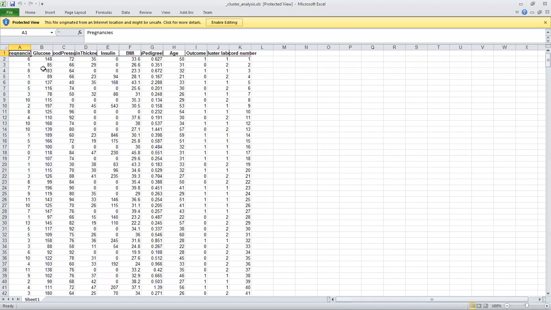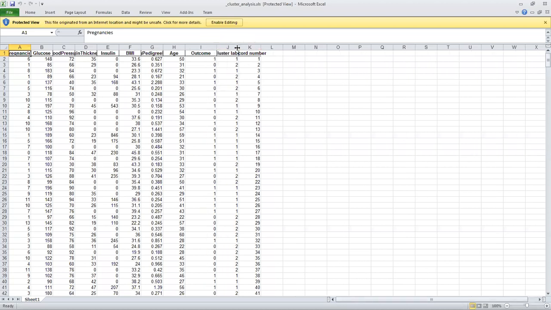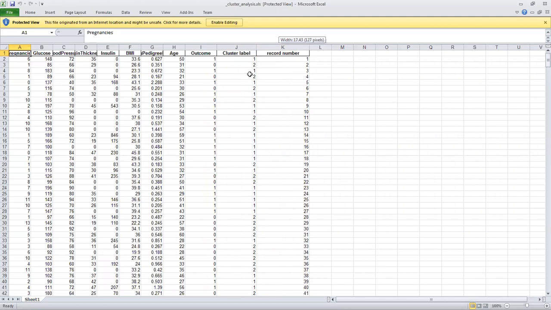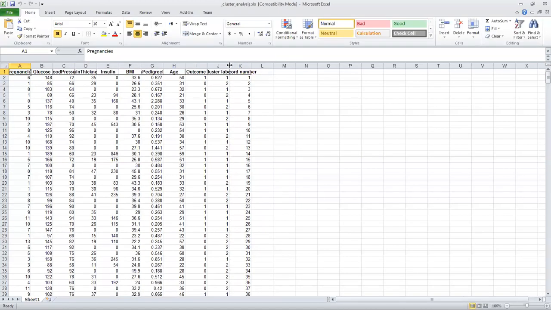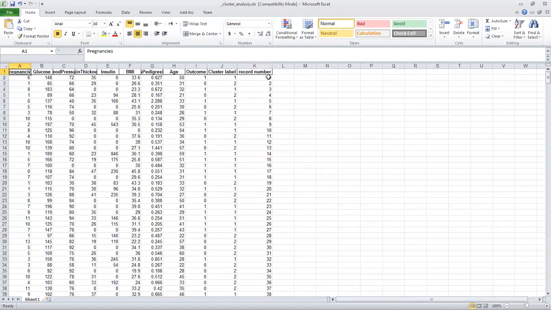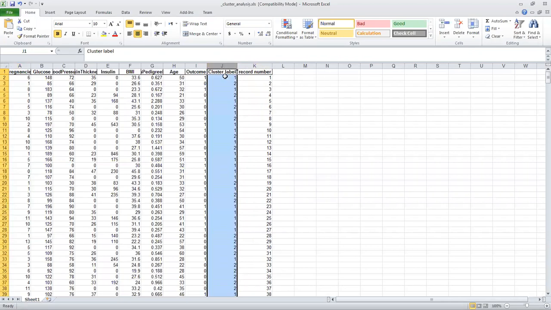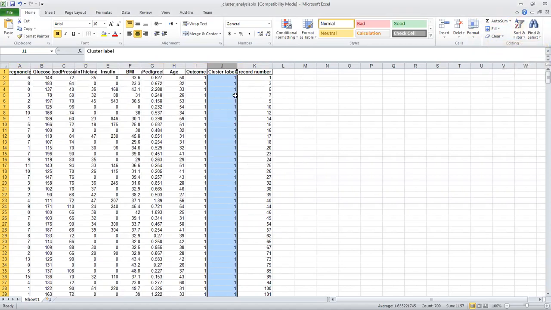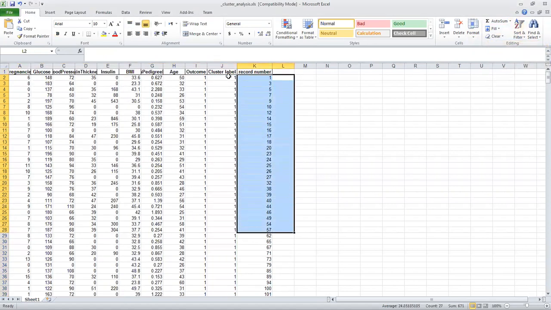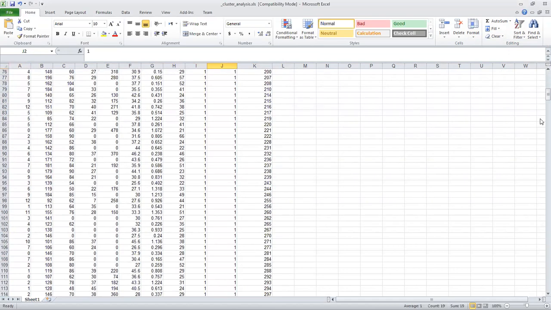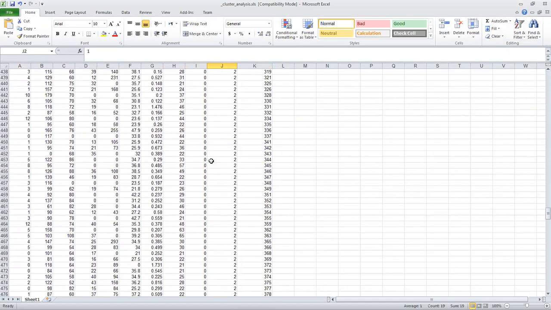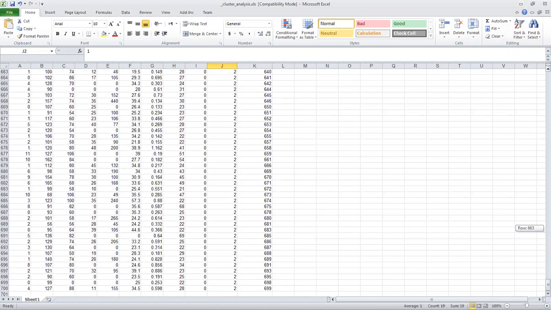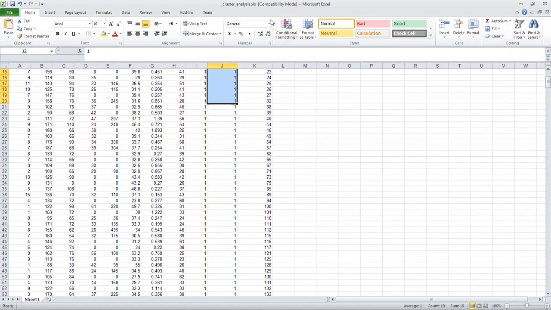So again, this is the previous table, and only two more columns are added: the cluster label and the record number. What you can do, for example, is sort this data set based on the cluster labels, and then these people are clustered as the first group, and these are the second group. So as a data scientist or data analyst, you can do further analysis here.